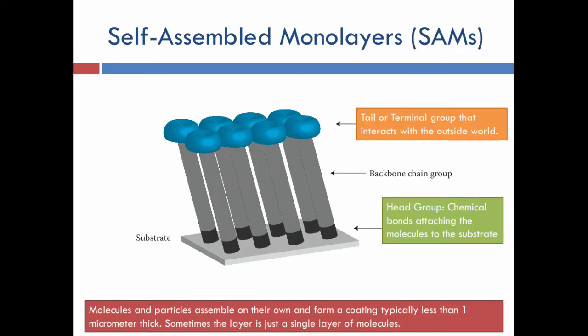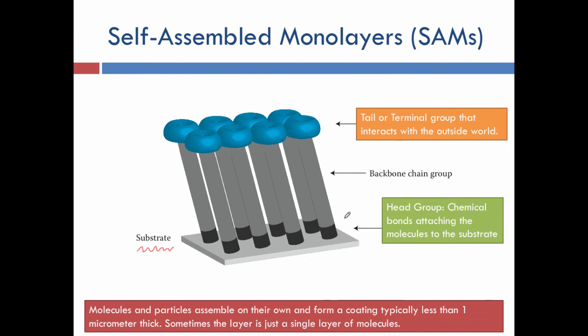So what is a SAM? Well, this is a good picture, and I would like you to write this in your notes very, very directly. The first thing to begin with is the fact that we start with a substrate. And on that substrate, then, are a bunch of molecules. And each of these molecules is a component of this SAM. And it's got three groups that I'd like to begin to point you to.